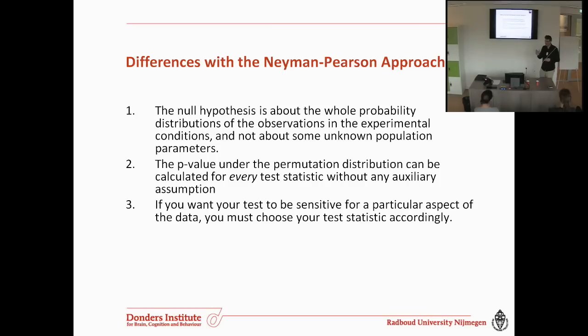You can make your test statistic such that it's optimally sensitive for your favorite phenomenon. And the permutation distribution will give you a valid p-value to test this null hypothesis, equal probability distributions, with optimized sensitivity for your type of effect.